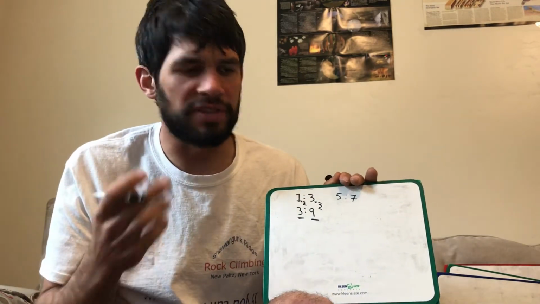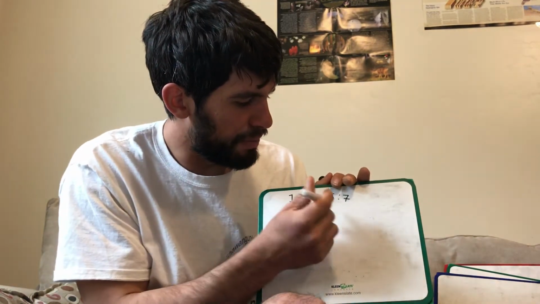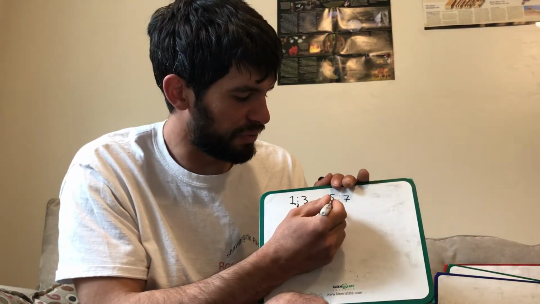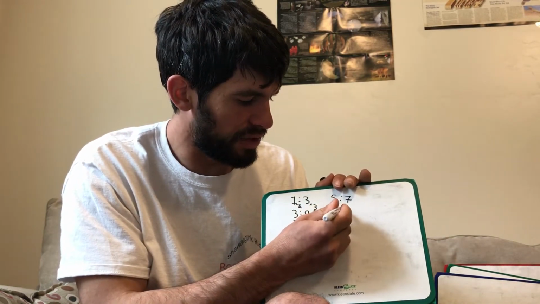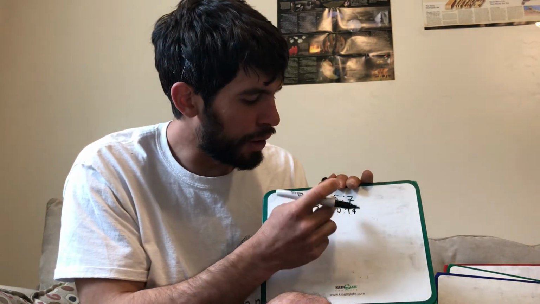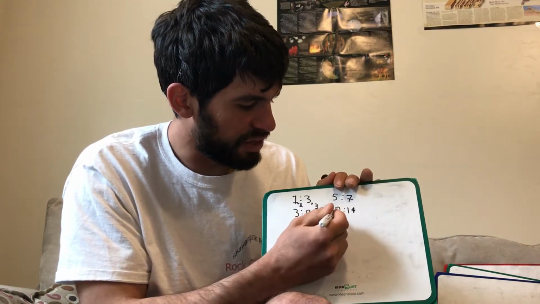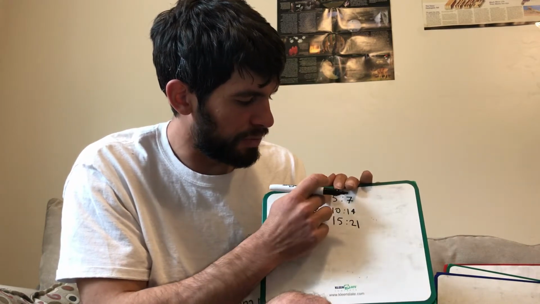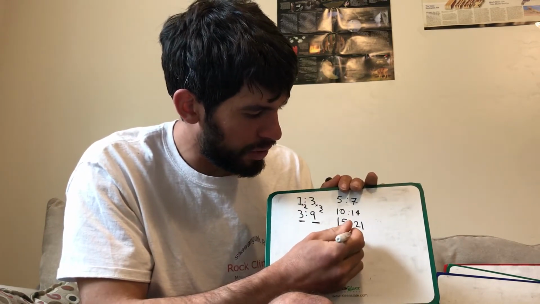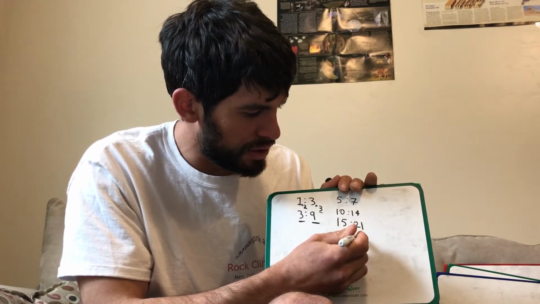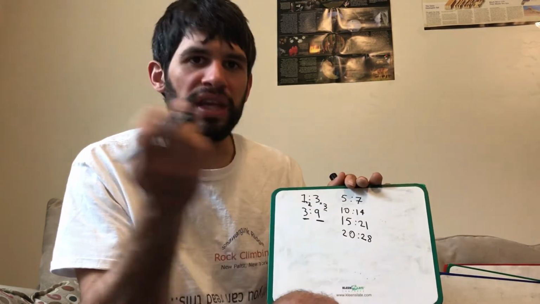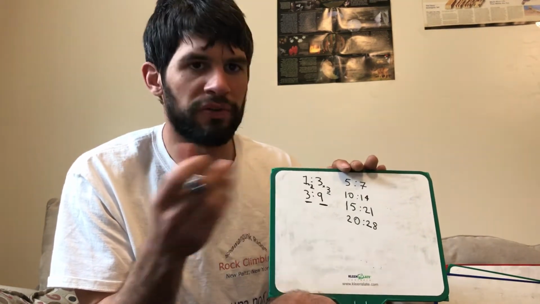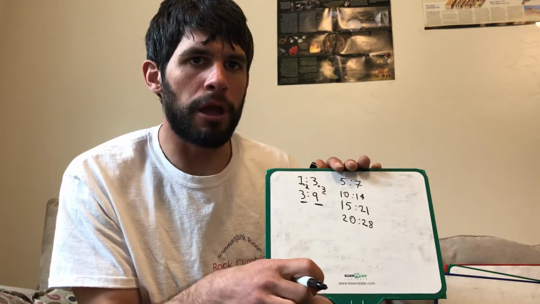Equivalent ratios could be made by multiplying by 2, which gives 10 to 14. Multiplying by 3 gives 15 to 21. Multiplying by 4 gives 20 to 28, and so on. We could keep going, and there are infinitely many equivalent ratios for any given ratio.